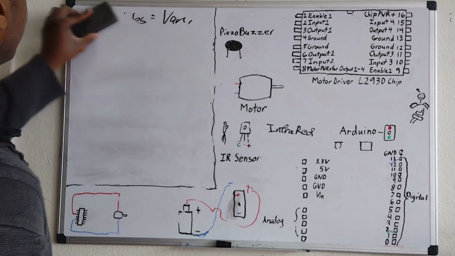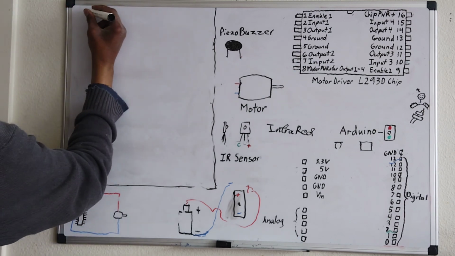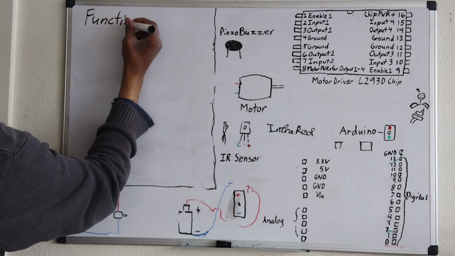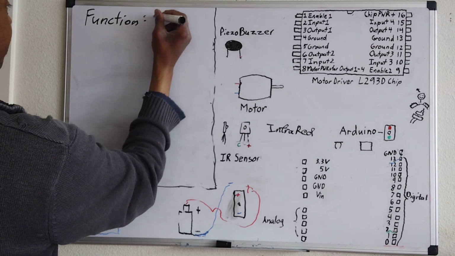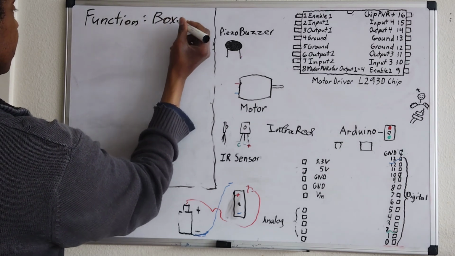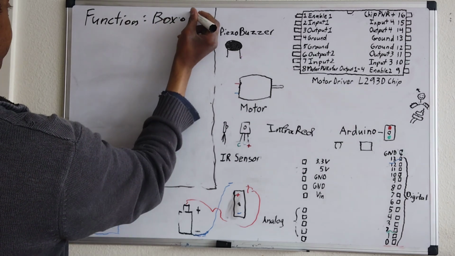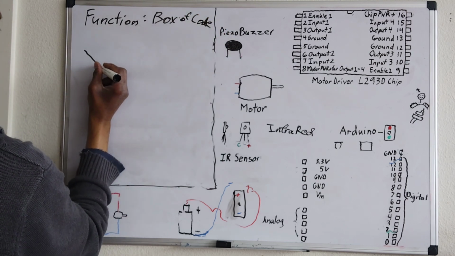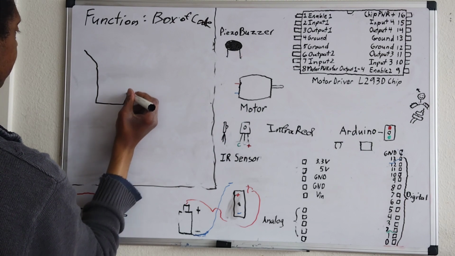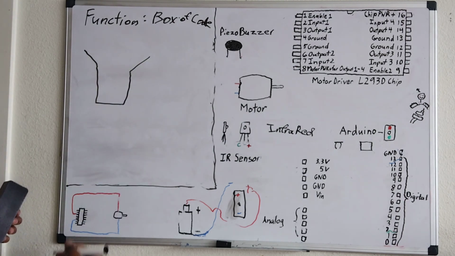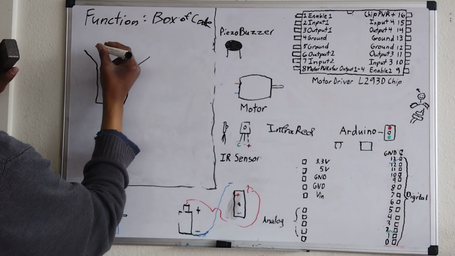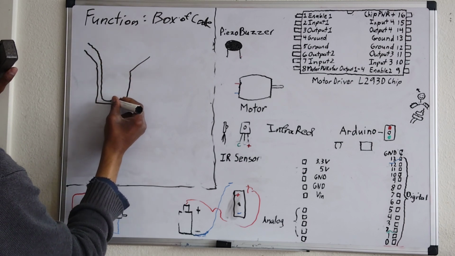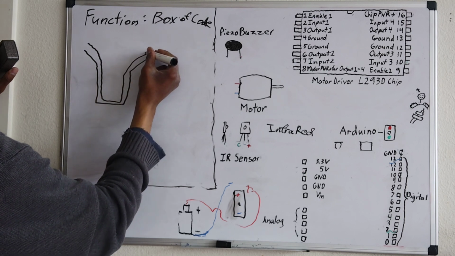Let's go over functions. Functions are boxes of programming, boxes of code. Say you have a main box of code. To program, you start at the start and go all the way through and out the box.